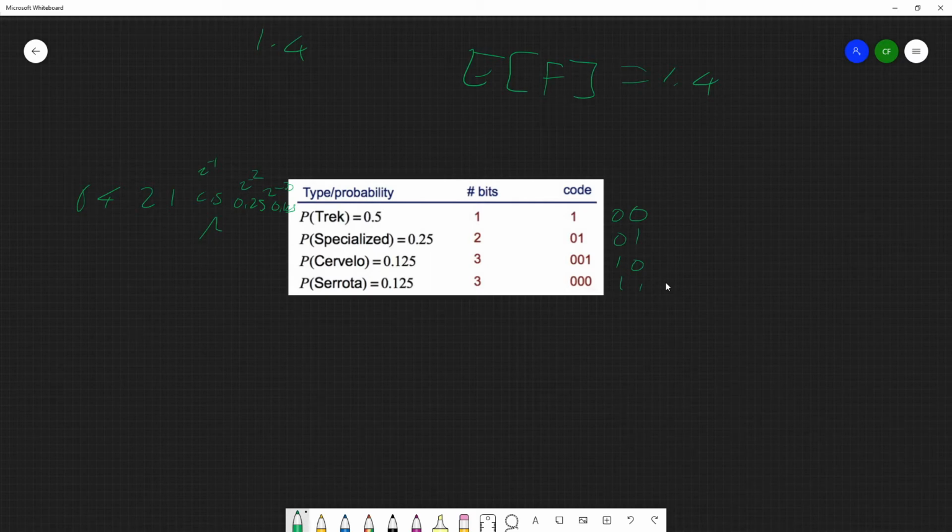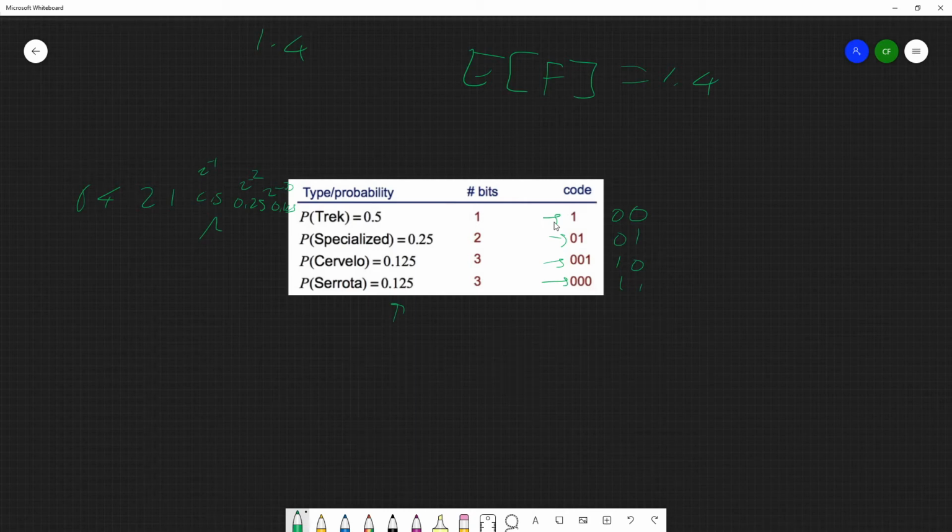This technique, you see here, has only 1 bit associated with this one. This has 3, this has 3, and this has 2. The idea is, since the 1 bit is much more common than the 3 bits, which have a 1 in 8 chance of occurring, so a 2 in 8 chance of having 3 bits, a 50% chance of having 1 bit, and a 1/4 chance of having 2 bits.